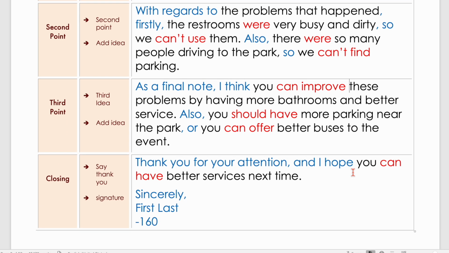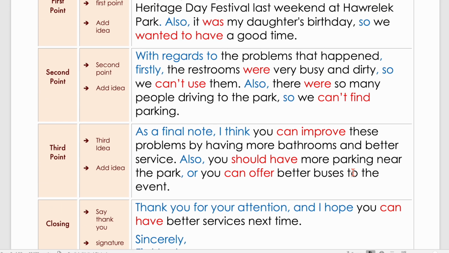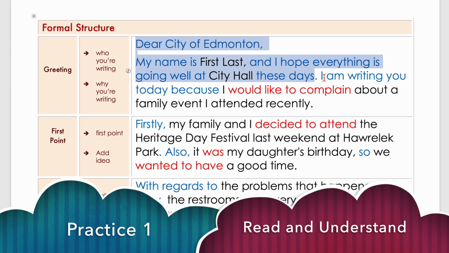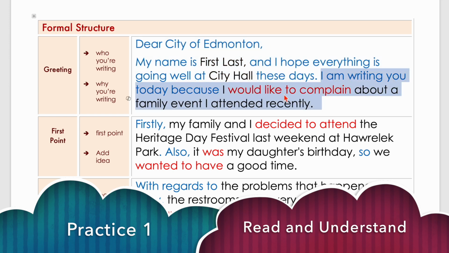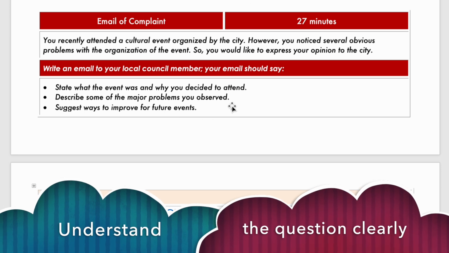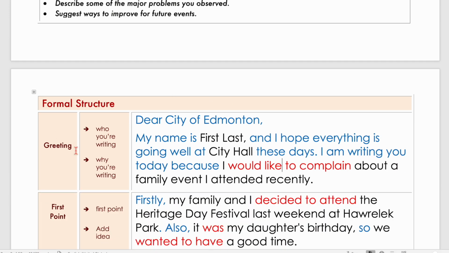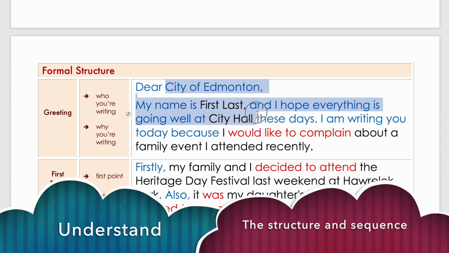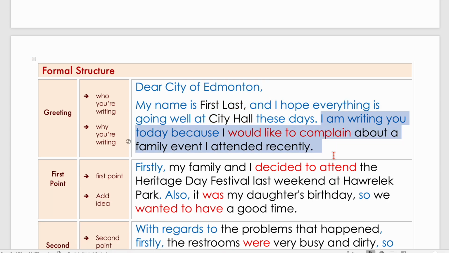So what can we do to practice? Well, the first thing that we can do to practice is read the email. Well, first, actually, let's understand the question clearly. Then let's understand the structure clearly. When we read, let's understand the structure. Who you're writing, why you're writing.